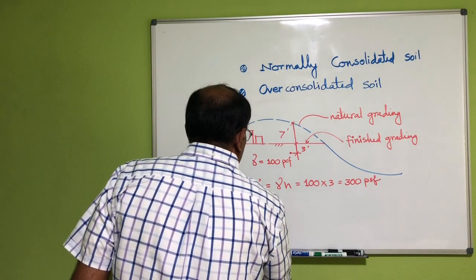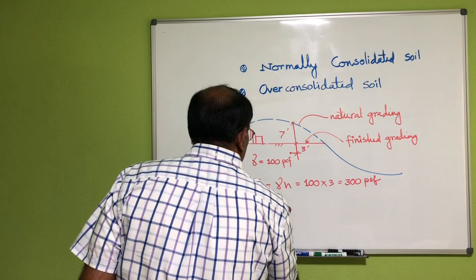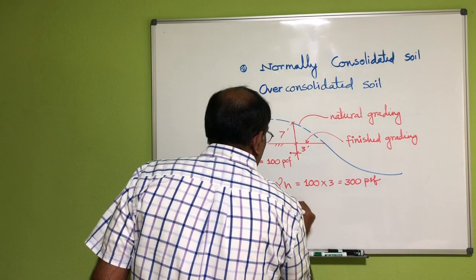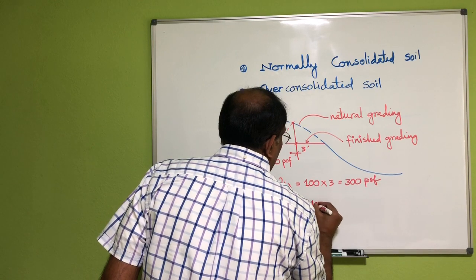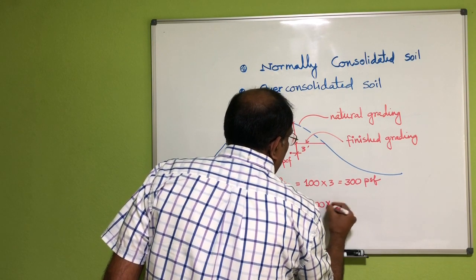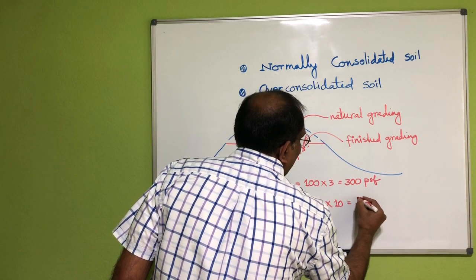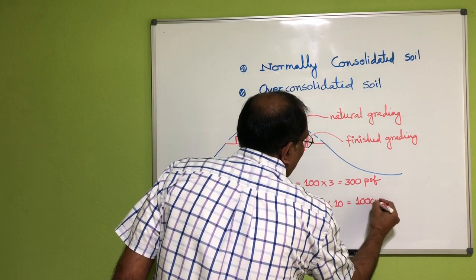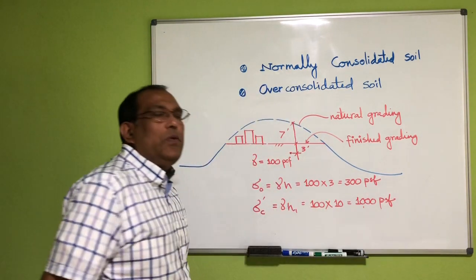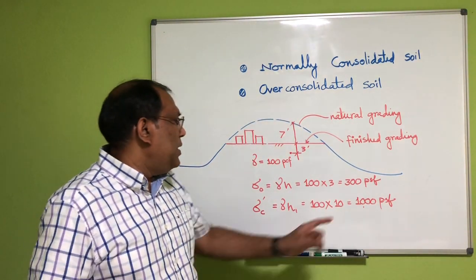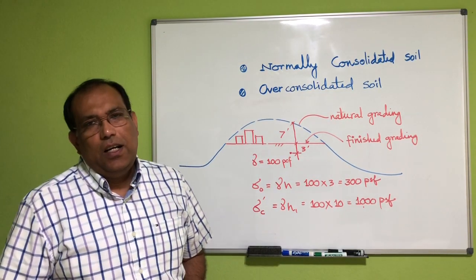So your pre-consolidation pressure, or pressure in the past, was actually gamma H1, let's say this is 100 into 10. So this soil in the past has been compacted with 1000 psf pressure.